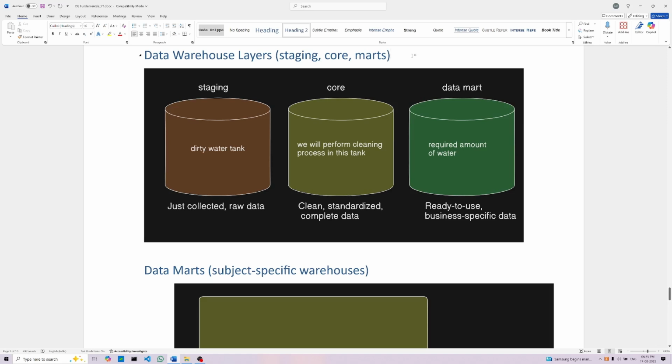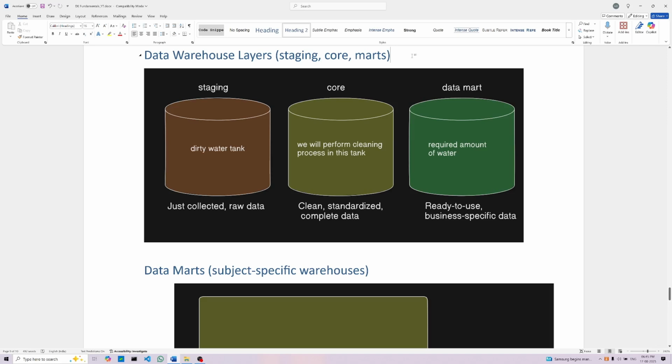So in the staging layer, dirty water is collected. Okay. So in the staging tank, we will store dirty water. Then in the core stage, we will perform the cleansing process in that tank. Okay. We will basically perform all the procedures to clean that water. This is core.